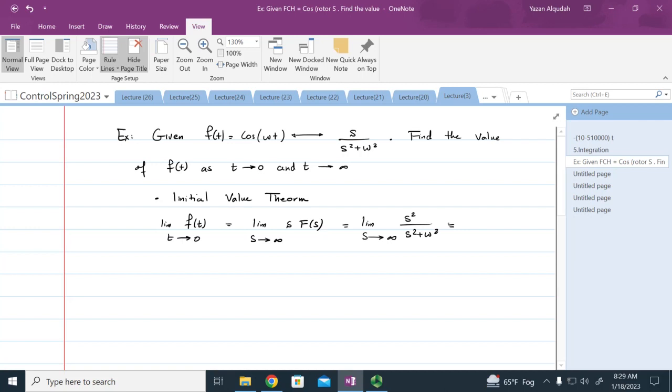As s goes to infinity, this w squared becomes very small compared to s, so it's going to be s squared over s squared, which is equal to 1. Or if we substitute s infinity over infinity, we use L'Hopital's rule to derive: we're going to get 2s over 2s, 2 over 2, which is going to equal a 1.